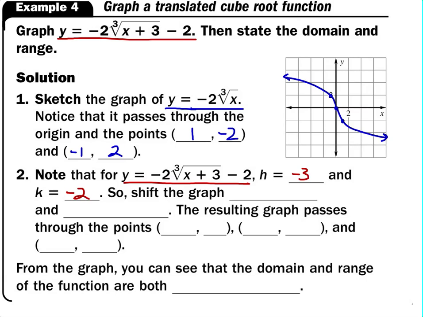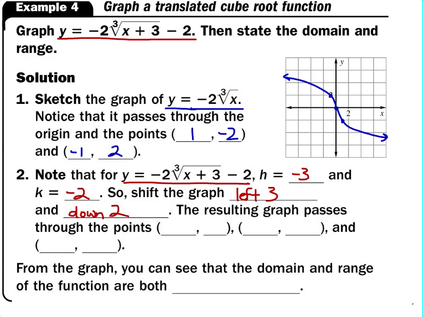You have to remember that it's supposed to be negative inside the radical, so the reason that it's positive inside the radical is because the number itself is negative. So shift the graph left 3 and down 2.